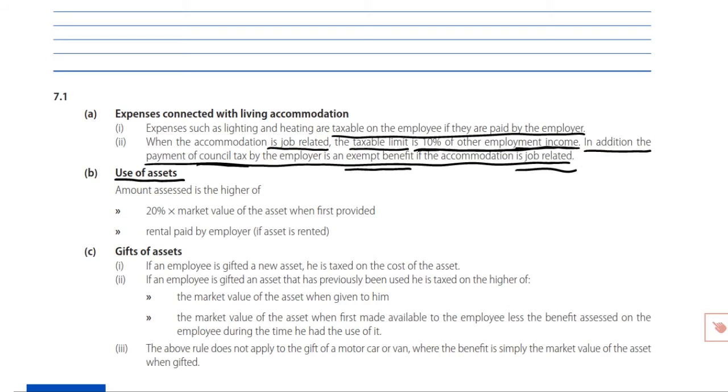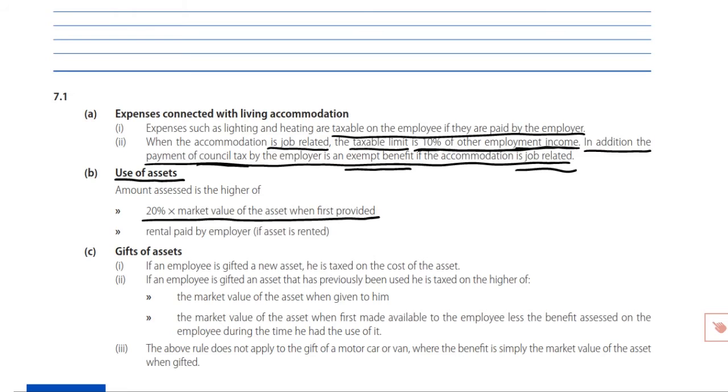Most typically, where this rule is tested is where the employee occupies accommodation furnished by the employer. And the generic rule for dealing with such assets is, as an annual benefit, we take 20% of the market value of the asset, the furniture and furnishings in this case, when first provided.